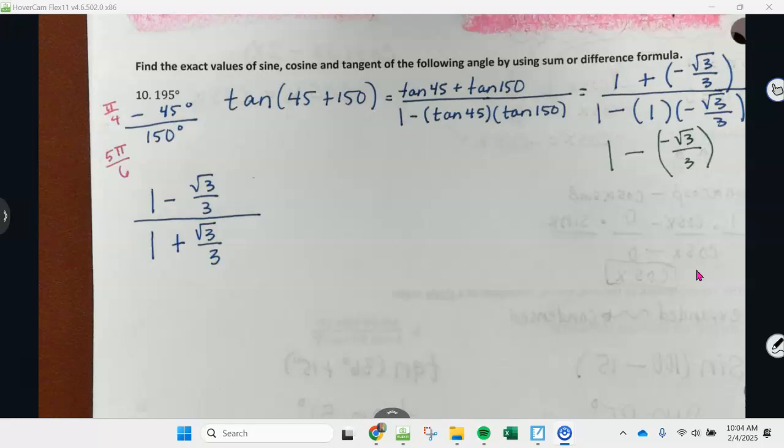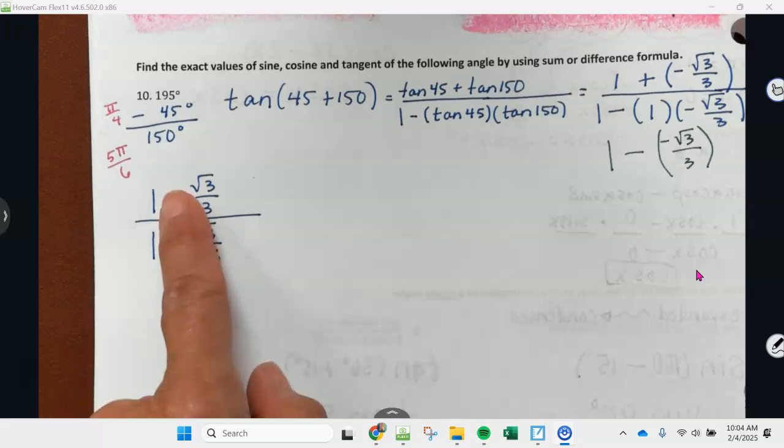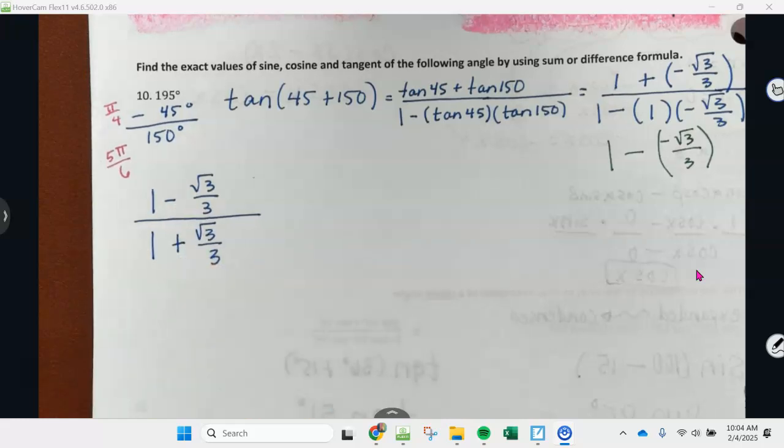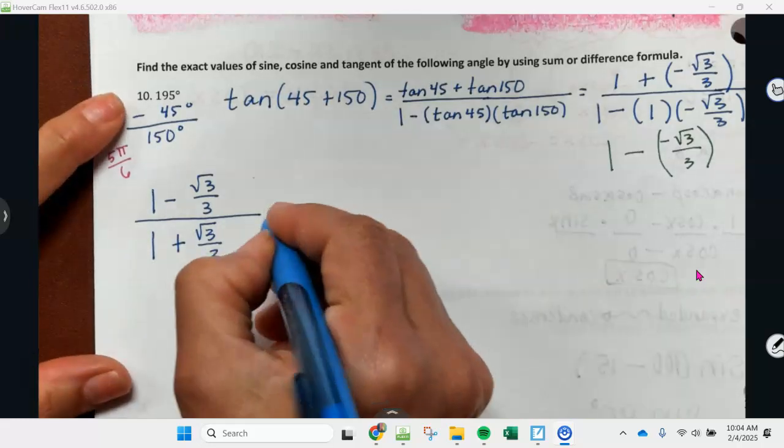Okay, now it is time to simplify. Can we simplify anything? Nope. Can I cancel out those ones? No, because they're connected because of the plus and the minus. Also, what's really bothersome is you have a square root in the denominator. We're going to have to clean that up. But before I even clean up the square root in the denominator, we have to combine the numerator, then we have to combine the denominator. So, numerator.